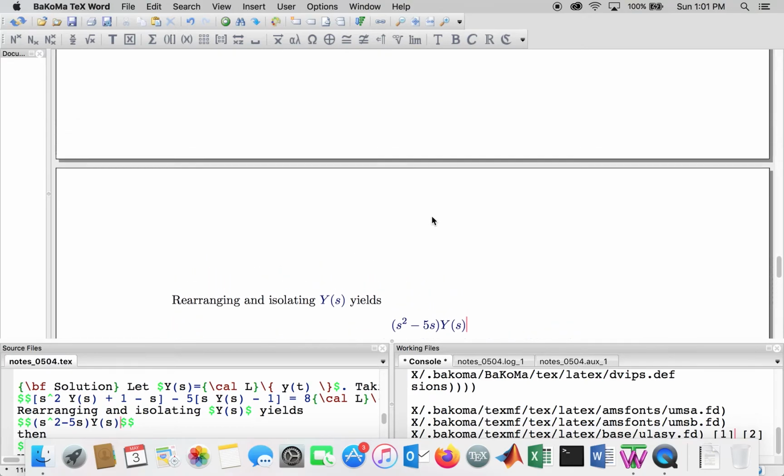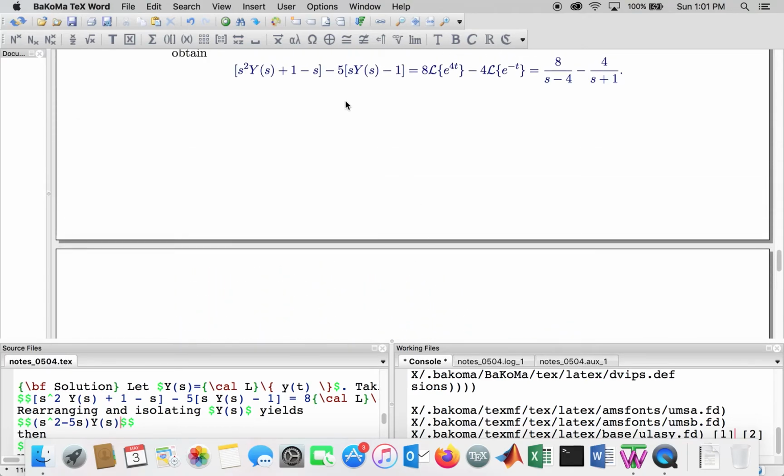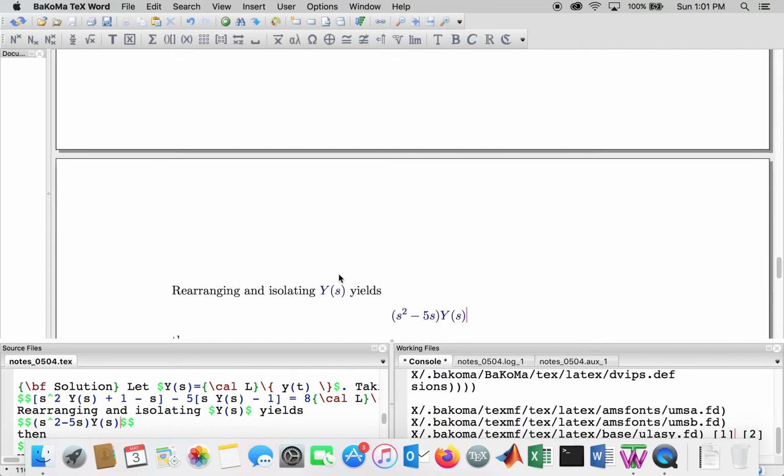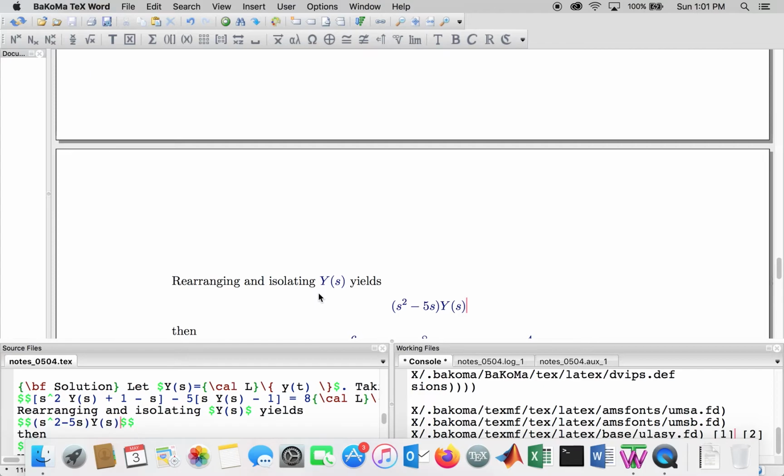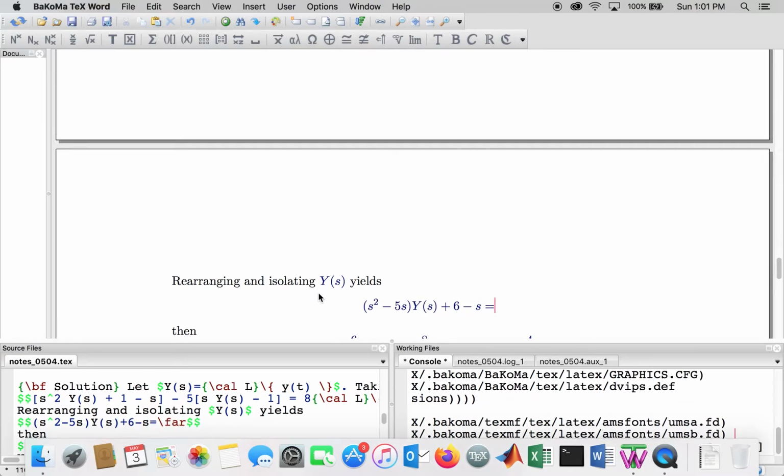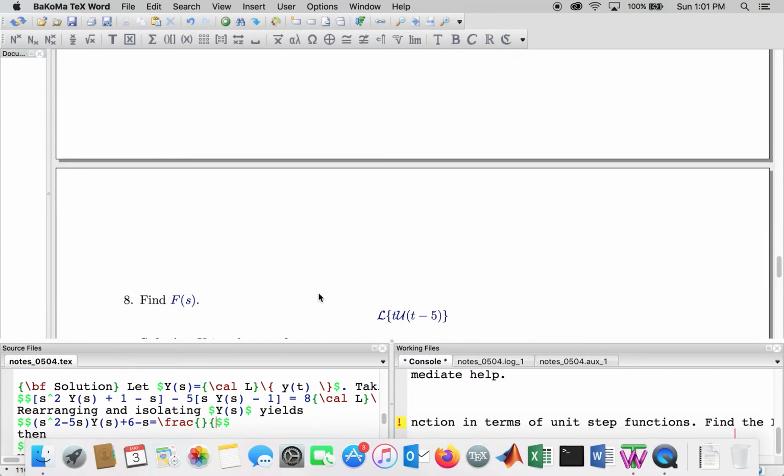And then if I go back here, what are the other terms? So plus 1 minus s and then plus 5. So I have a 1 and a plus 5, so I have 6 minus s. And that is equal to the transform of the right side that we saw earlier.